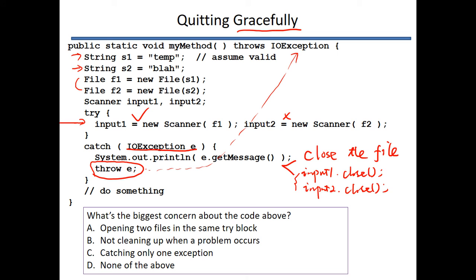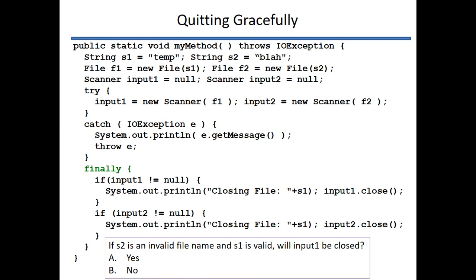So the last thing about exception handling in Java is it gives you this finally block. What this finally block does is, no matter what happens, whether you have an exception thrown or not, whether a catch is executed or not, this segment is always executed. So if everything works okay, then catch will be skipped, but finally will still run.